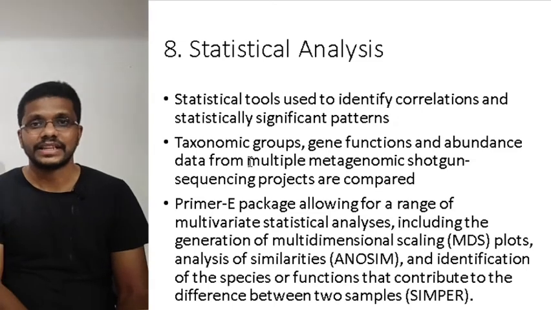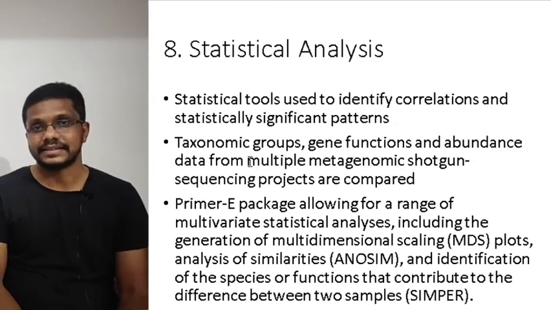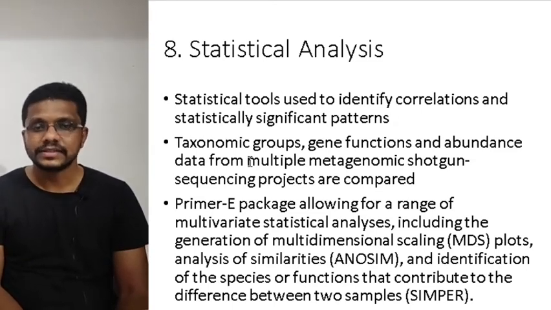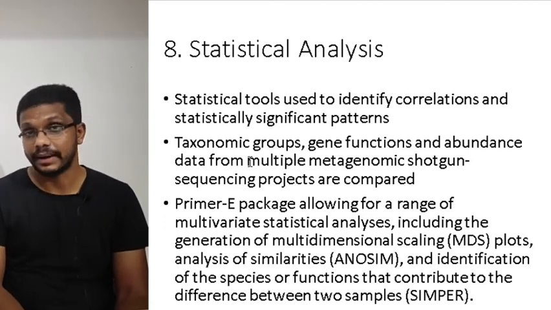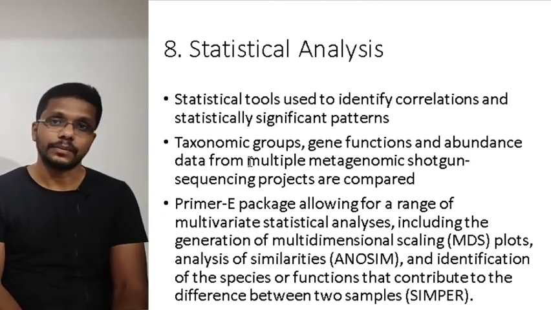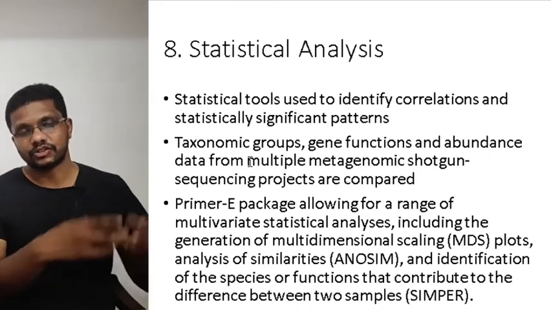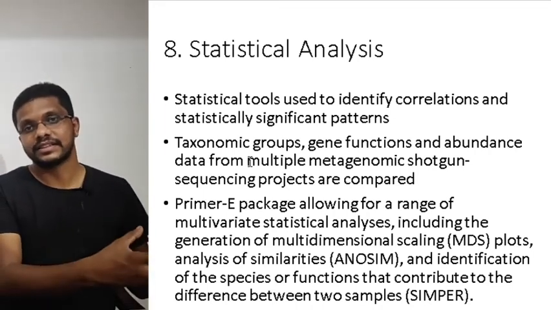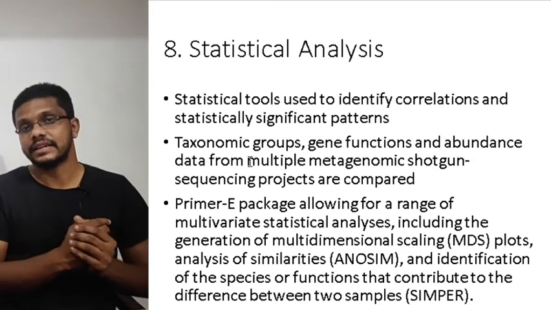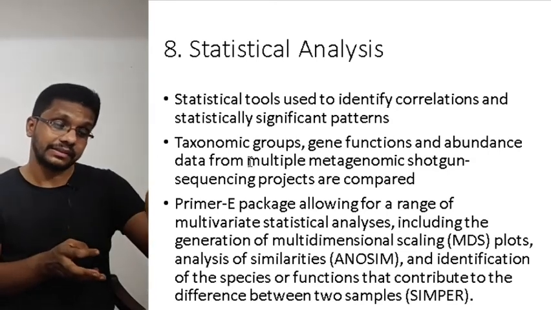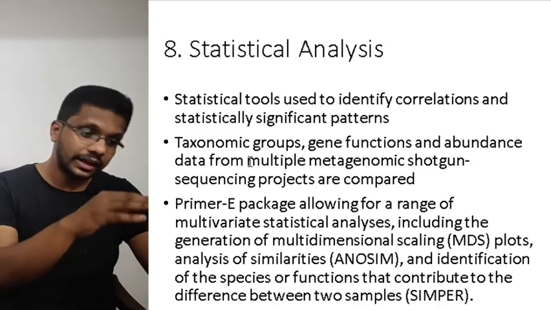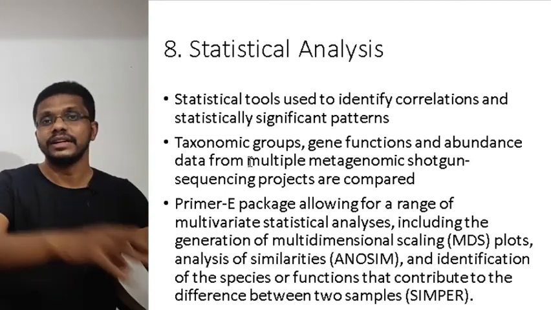The final step of metagenomics analysis is statistical analysis. Statistical tools can be used for identifying correlations and statistically significant patterns between different environmental samples, in which we are comparing different next generation sequence data to get meaningful assumptions. So if you are taking the metagenomic data from a particular soil, we can compare it with the metagenomic data of a different soil.